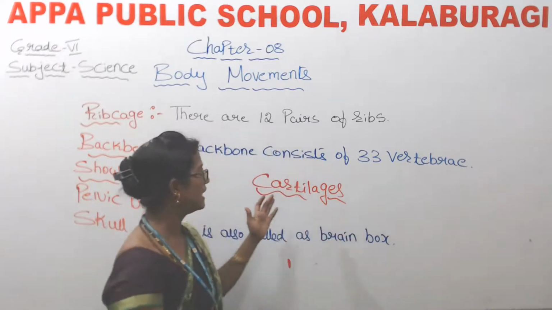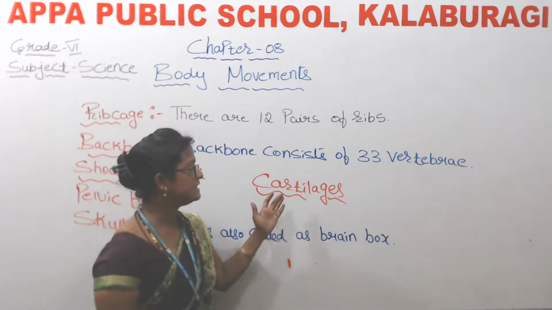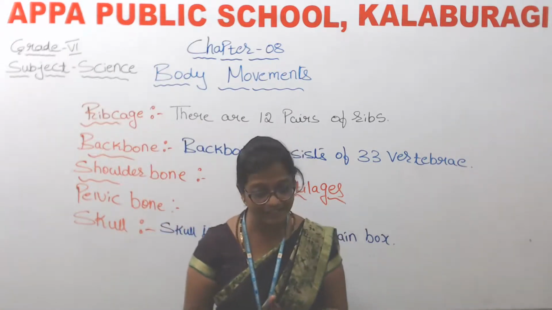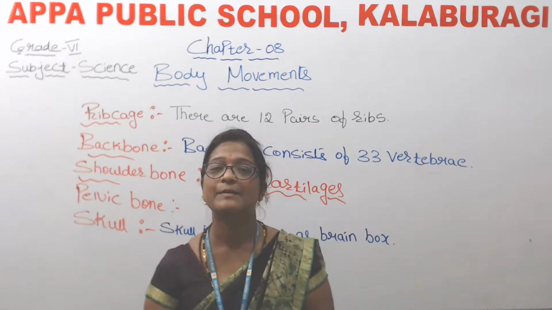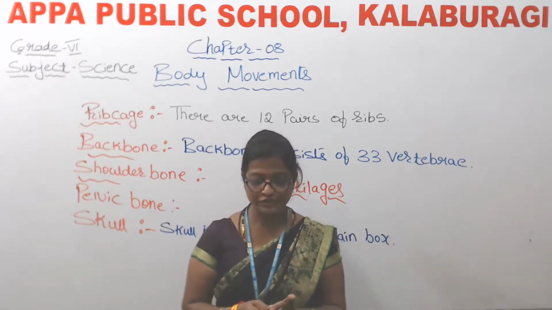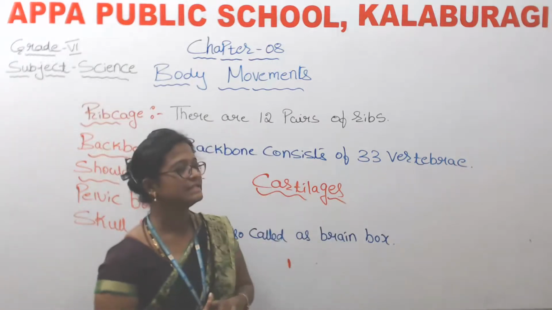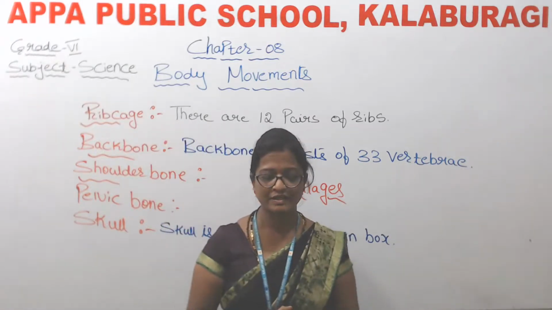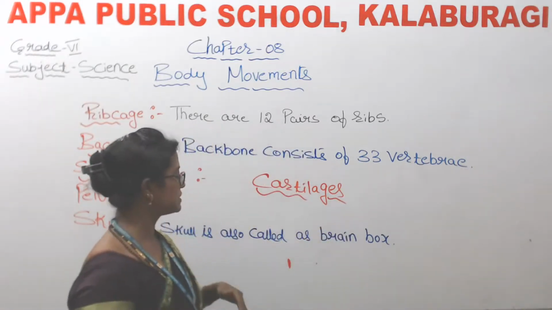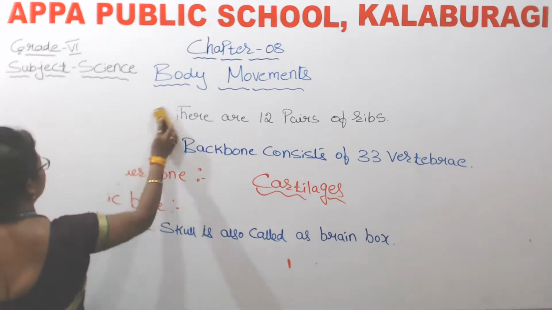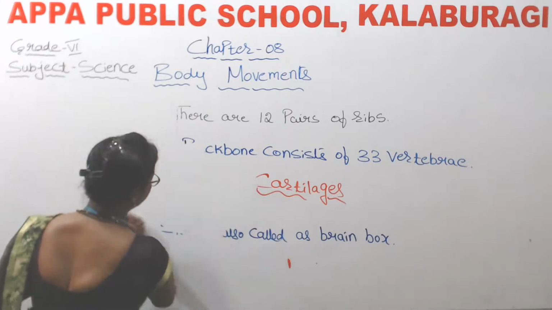These cartilages are present in the ear and also in the joints of the body. About this we will discuss in the next class, children. So this is all for today's class. In the next class we will discuss what we mean by cartilage and where it is present.